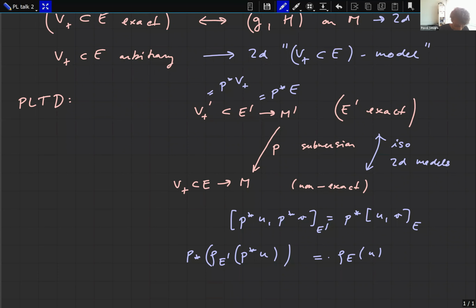Yeah, thanks. Okay, so as I said, the story is that we're getting somehow two isomorphic two-dimensional models. I should say this isomorphic is in quotation marks, because this is a classical story.